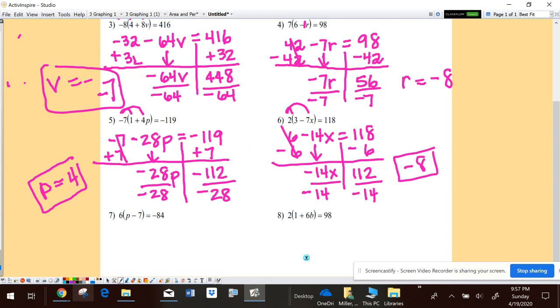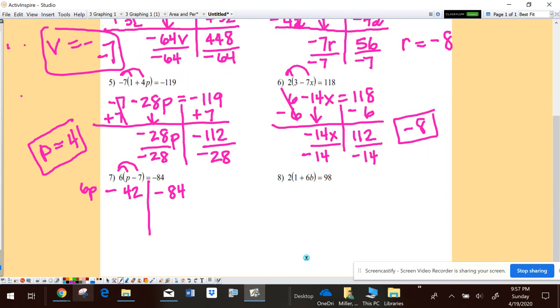All right, I'm going to draw some arrows for you here. See if you can solve this one on your own. All right, let's see if you got it right. 6p minus 6 times 7 is 42 equals negative 84. I want to add 42 to both sides.